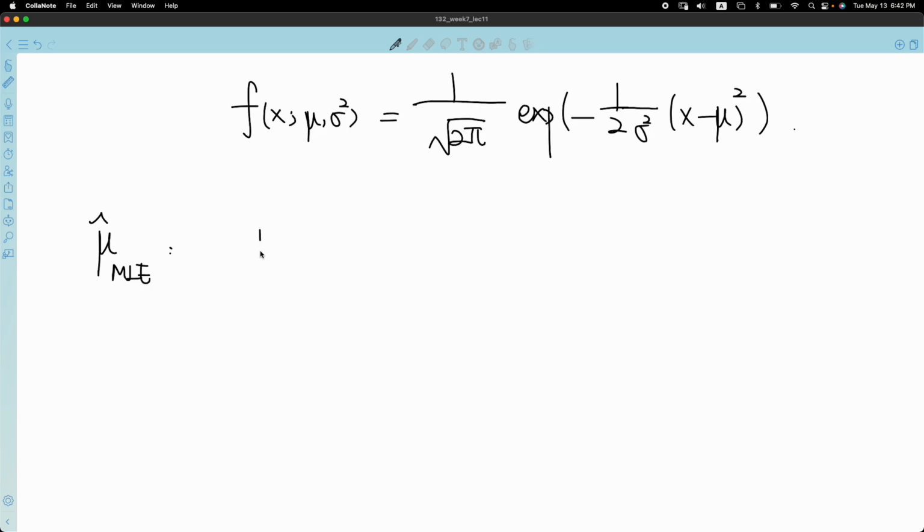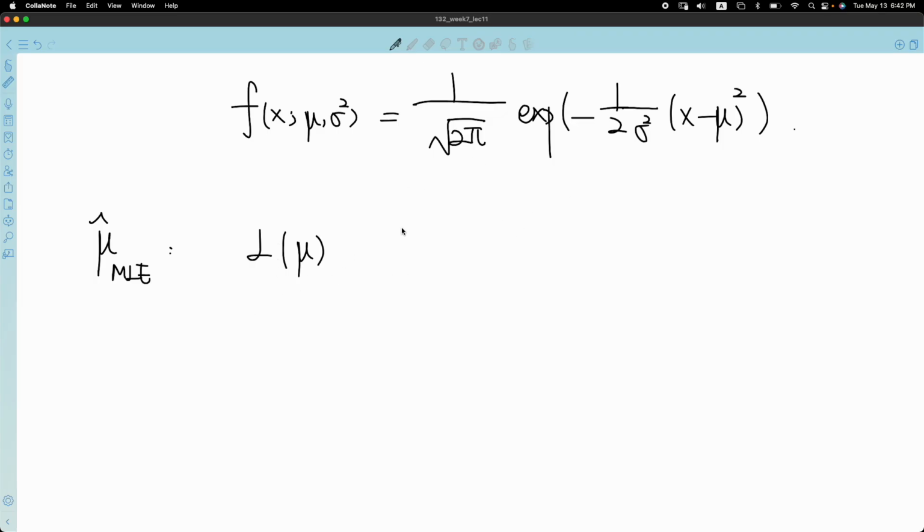To do that, let's construct the likelihood. So here I'm going to use the capital L for the joint likelihood. And here, although there are two parameters, I'm just going to focus on mu for now.